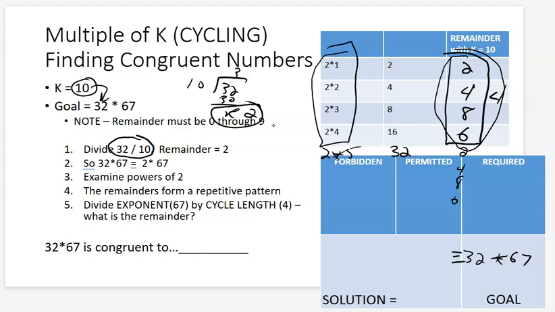What we have to do is divide now the 67, because that's how many times we're going to multiply 32 by itself, and we're going to divide that by 4. So 4 into 67, 1 times 4, 27, 6 times 4 is 24, and we get a 3.